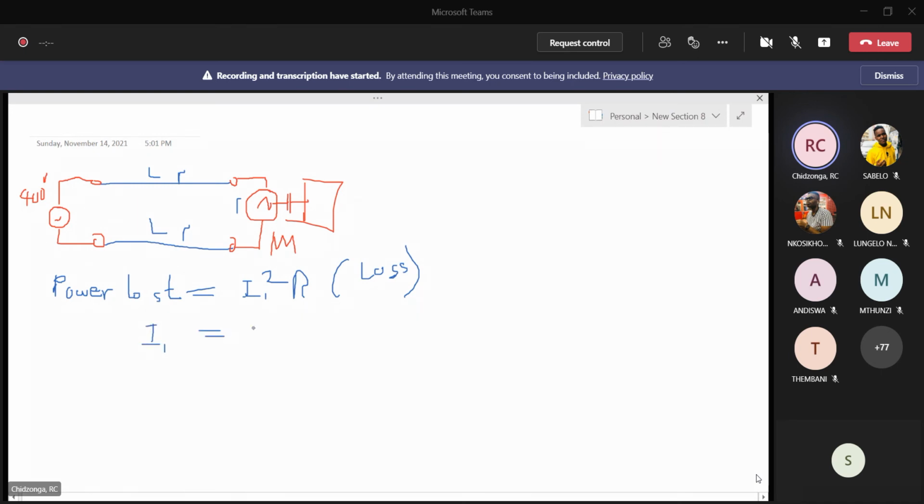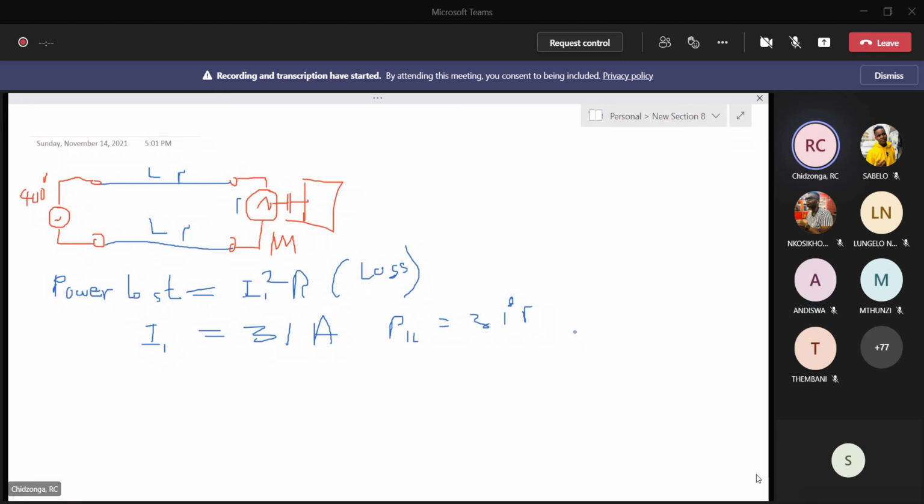It was given, it's 31 amps. So the heat loss, P1 loss, is going to be 31 squared times the total resistance. You don't know what the resistance is, so you just say it's R.